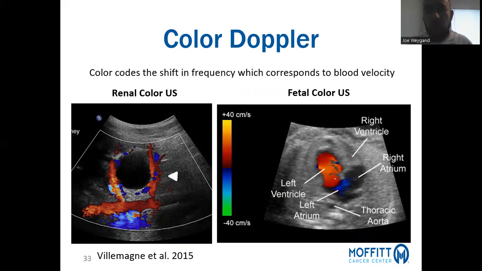And then you superimpose this color scale on top of a regular B mode image, and you obtain this image that not only has anatomic information, but has velocity information. Here, the red part of the scale means that the blood is flowing towards you, and the blue part of the scale means that it's flowing away from you.